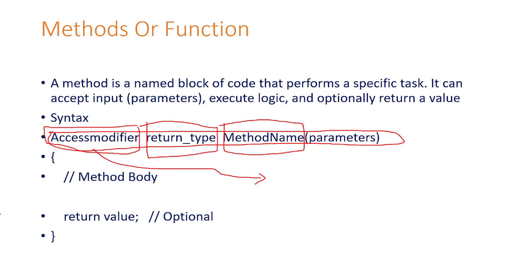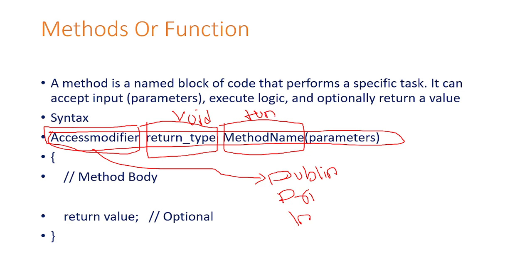There are many access modifiers: public, private, internal, like that. Just know the public one for now. Public is enough for now, so it can be accessed anywhere. The return type here is void. And this is the name of the function.